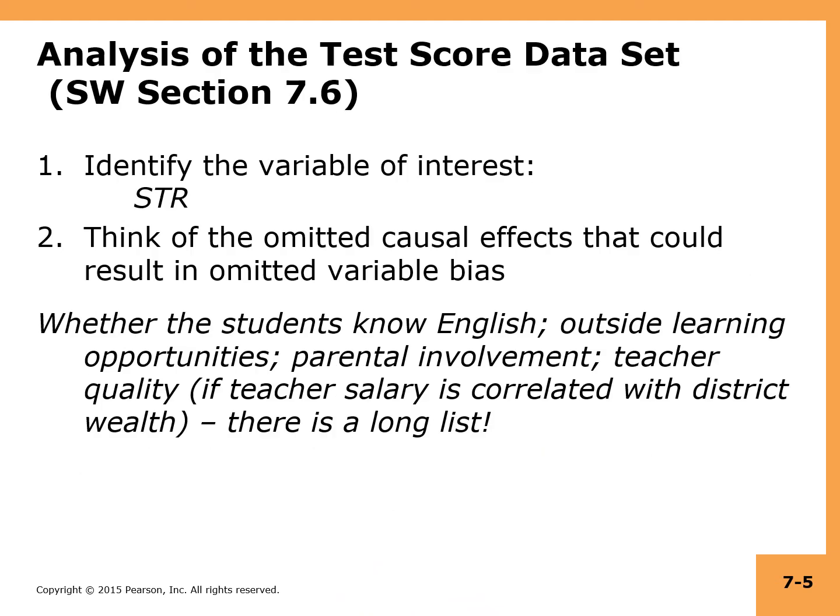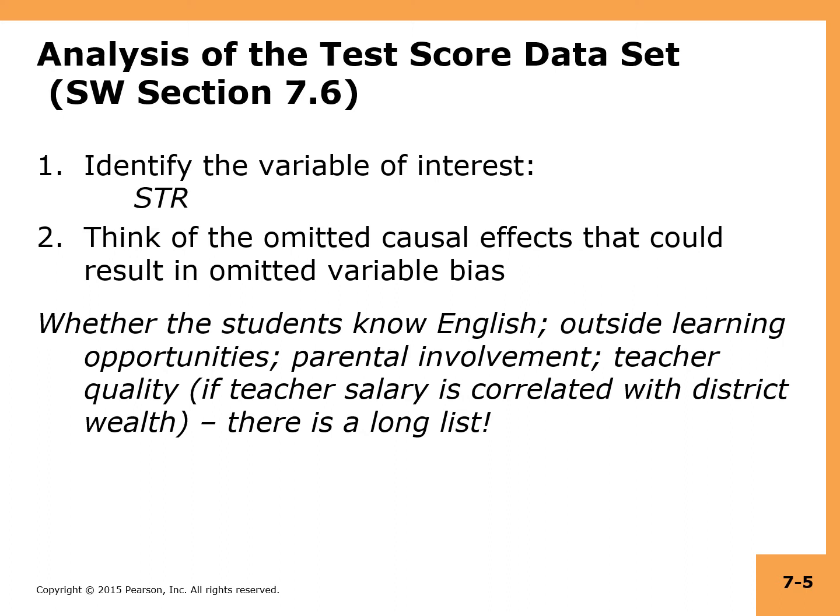Let's go back to analyzing our test score data set. The first step in model specification is to identify the variable of interest. Since we're interested in the student-teacher ratio and its impact on test score, our variable of interest would be the student-to-teacher ratio. The second step is to think of potential omitted causal factors that could result in omitted variable bias.